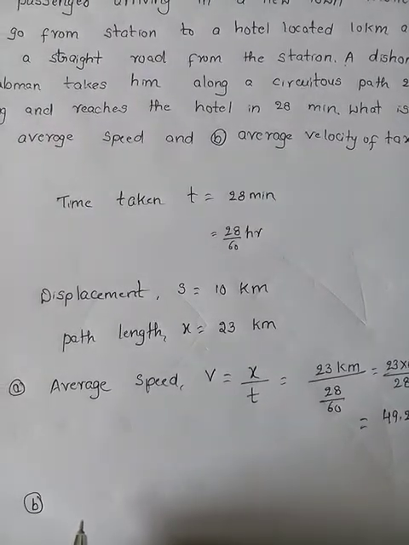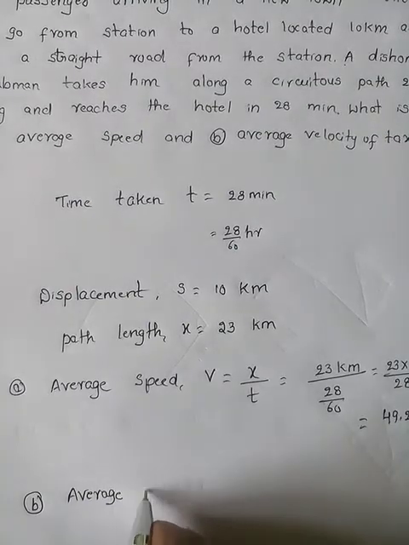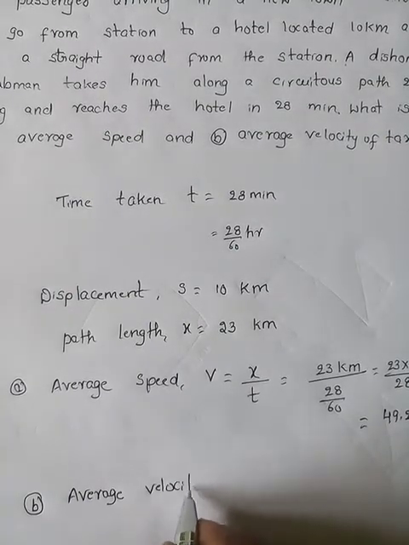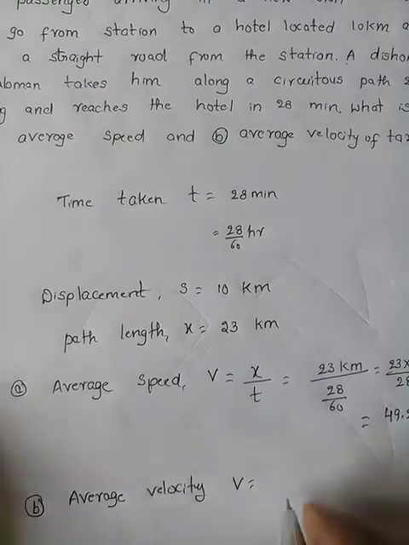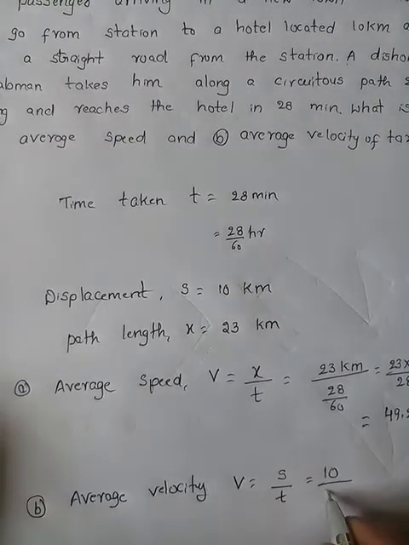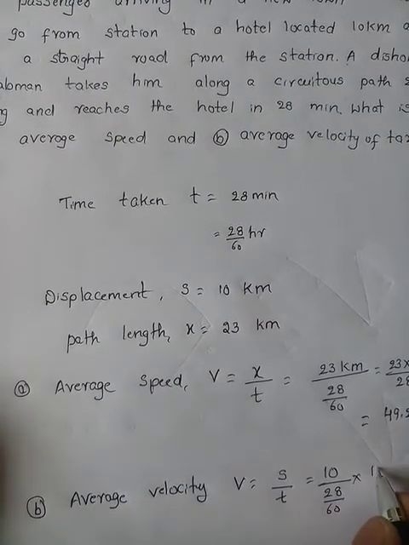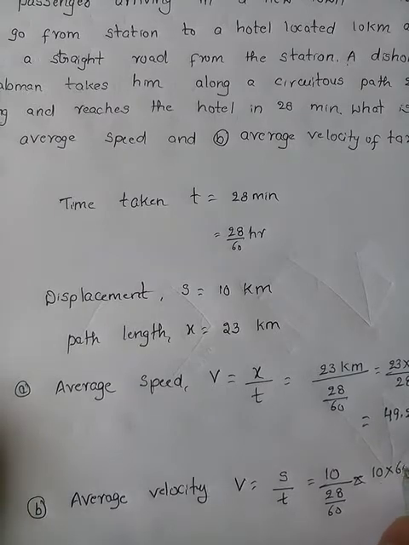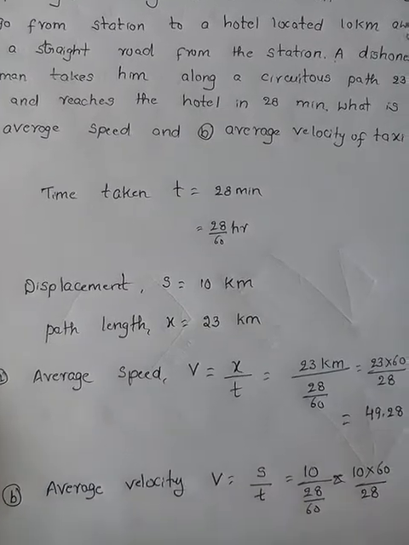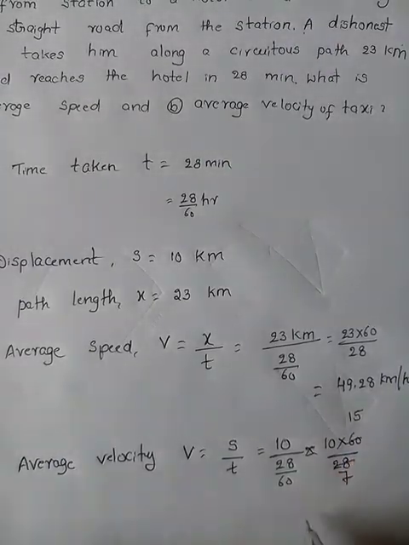Next one is average velocity. What is average velocity here? V is equal to total displacement by total time taken, that is 10 by 28 by 60, that is equal to what? 10 into 60 by 28. So, you can cancel here. 4 7s are 28, 4 15s are 60, right?